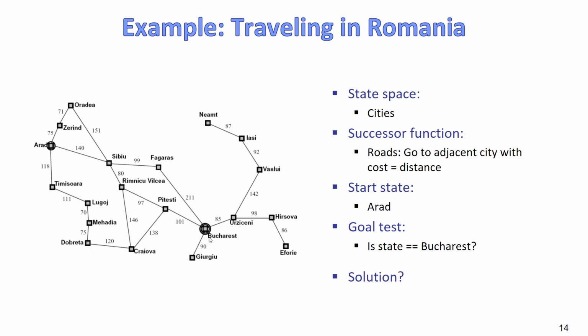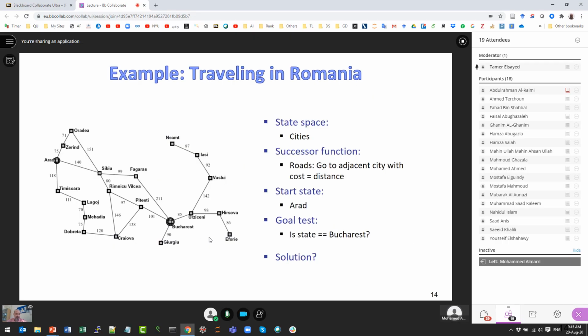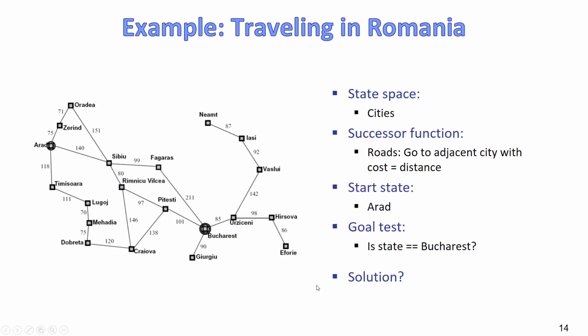Now, what is the solution in this case? I mean, what could be a solution? Not the optimal solution, but what could be the solution? How can I represent a solution? If I have a solution, how can I represent it?